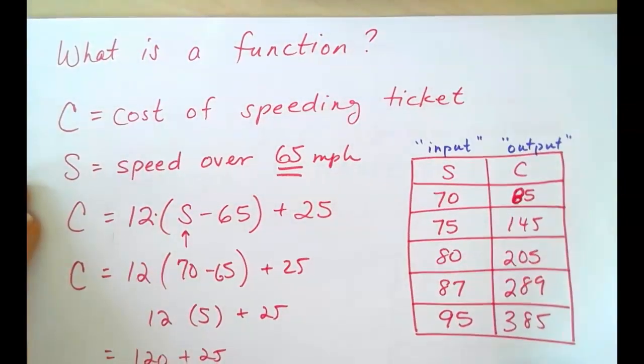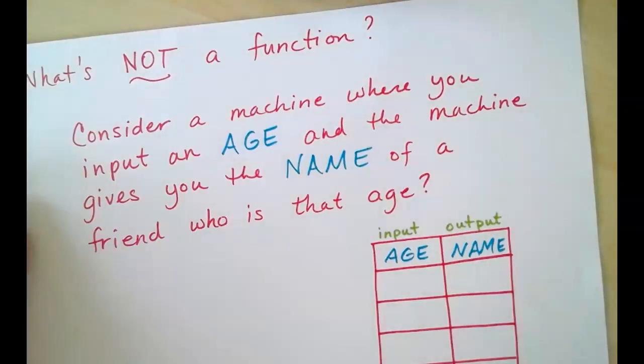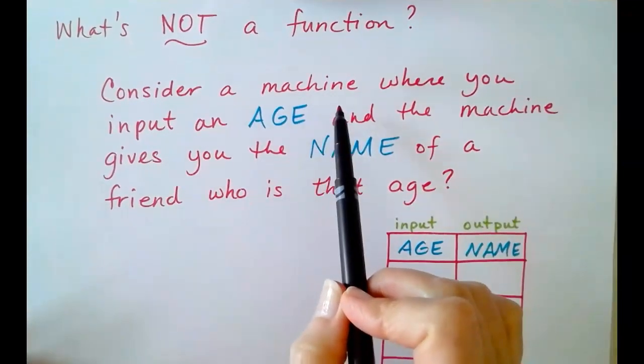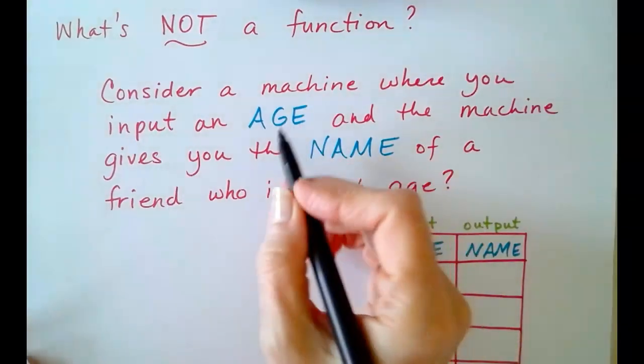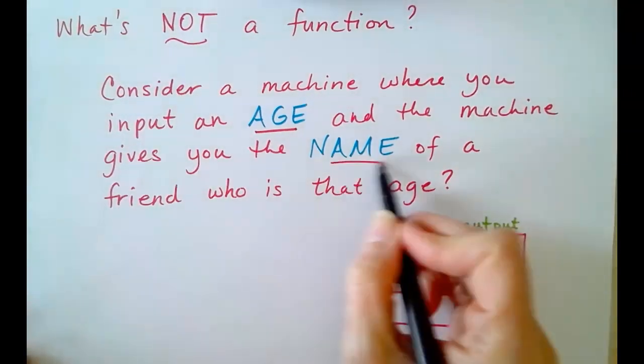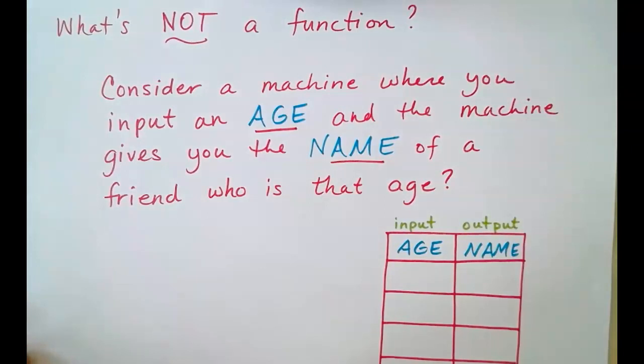So, what is not a function? Here's something that's not a function, and if we were all in class together, this would be a little more interesting. But let's consider a machine where you input an age, and the machine gives you the name of a friend who is that age.